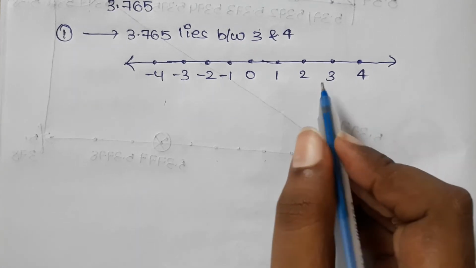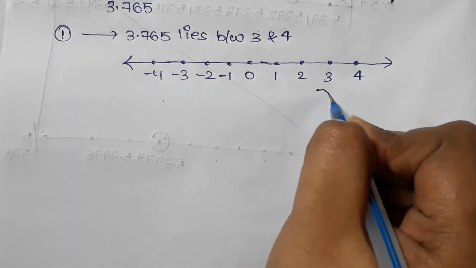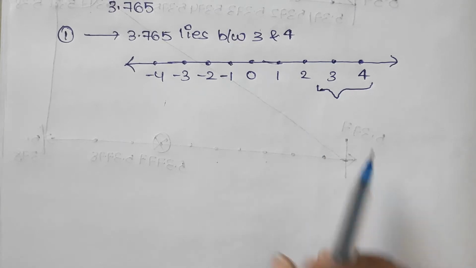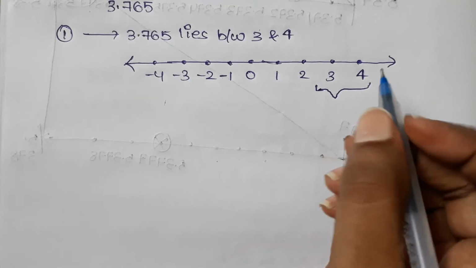Here in this number line 3.765 lies between 3 and 4, and we should see this closely by using a magnifying glass.